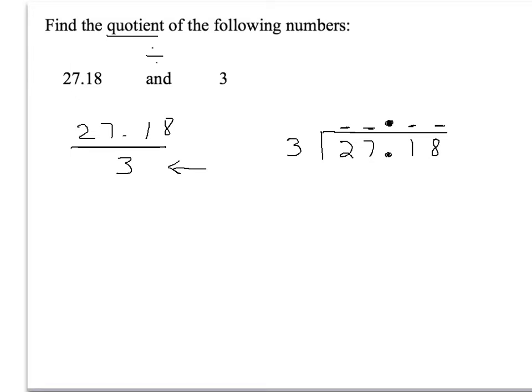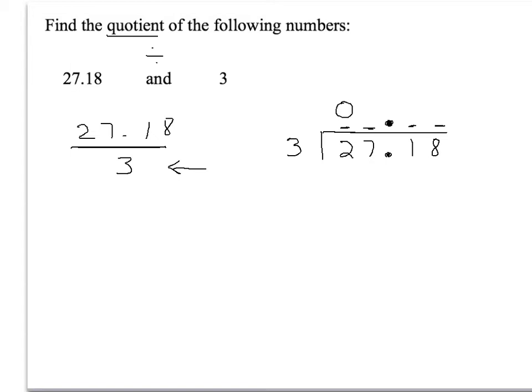How many times does 3 go into 2? And the answer is 0. If I only have 2 things, I can't get a group of 3 out of that. Okay? Now, the next thing I'm going to do is start over again. If it didn't go into 2, now let's try 2 digits. How many times does 3 go into 27?